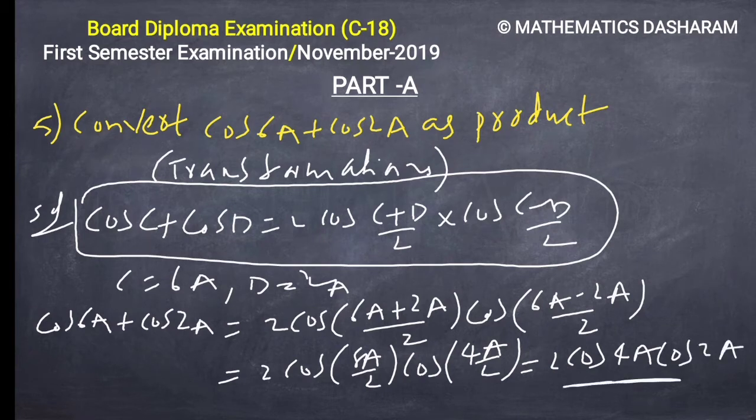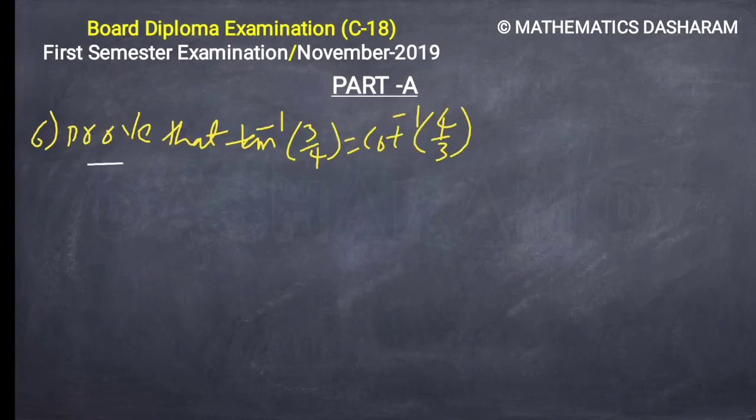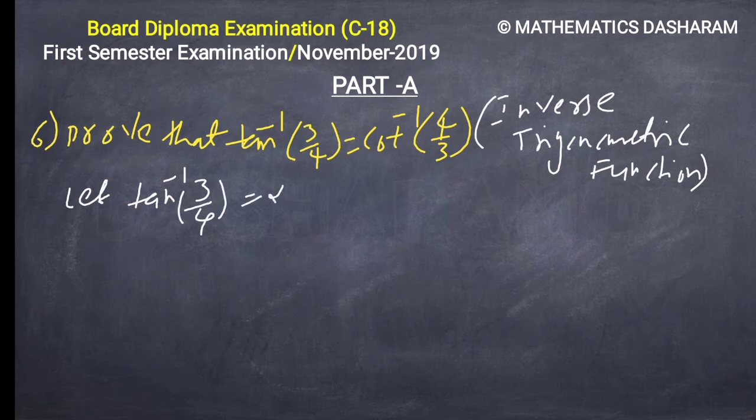converted as a product. Sixth question is, prove that tan inverse 3 by 4 equals cot inverse 4 by 3. So this is an inverse function chapter problem. So first of all, let tan inverse 3 by 4 equal alpha.